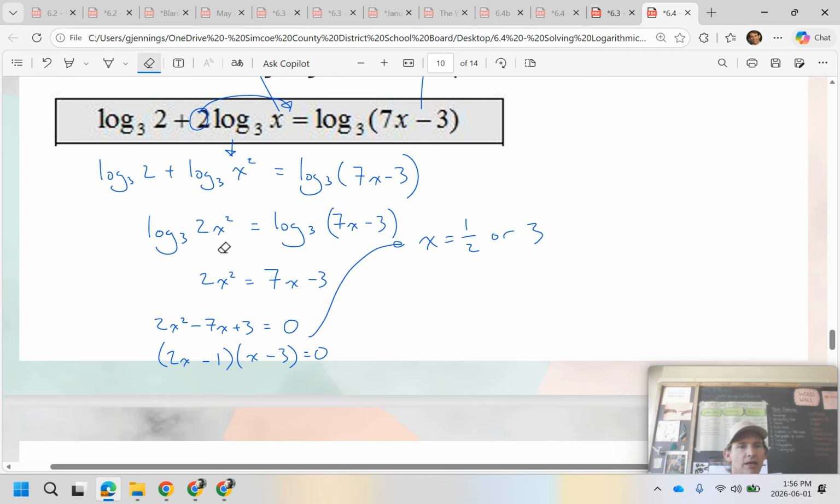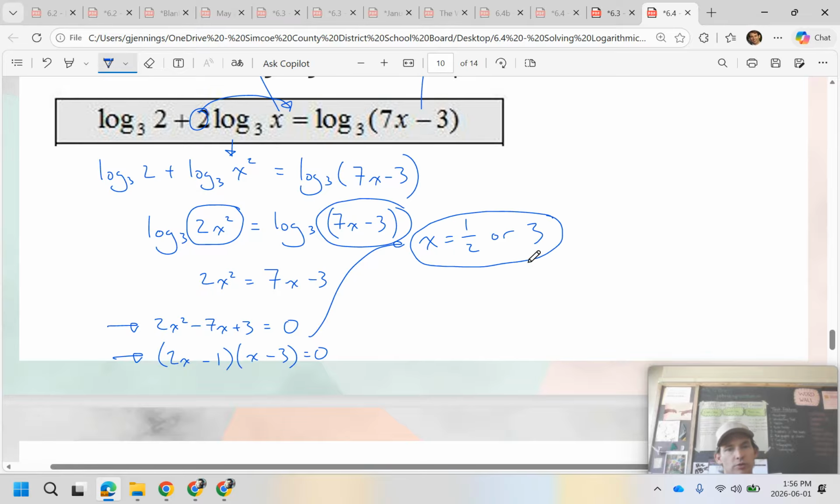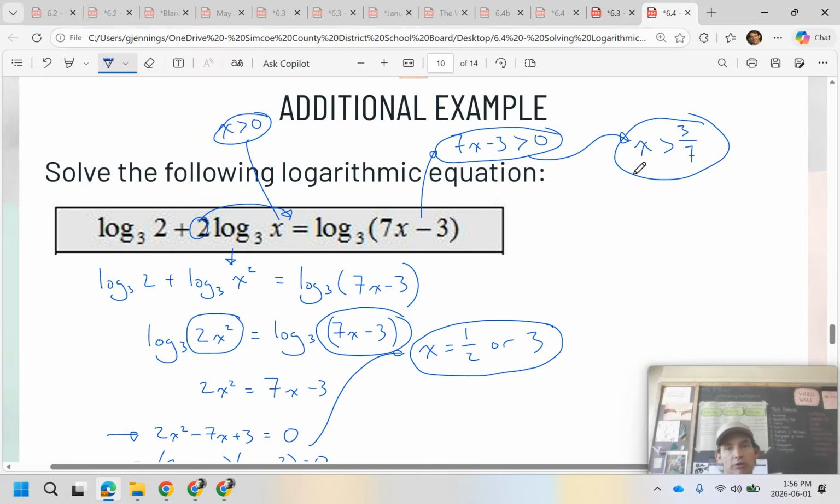Now we have 2 logs with the same base, so we can equate their arguments. Equating those gives us this quadratic when we set it equal to 0, which factorizes this way, which gives us these 2 solutions. Both are greater than 3/7 for reasons previously discussed.